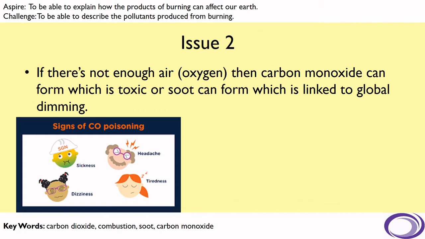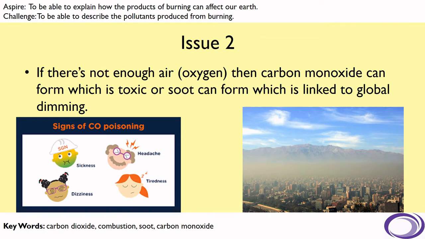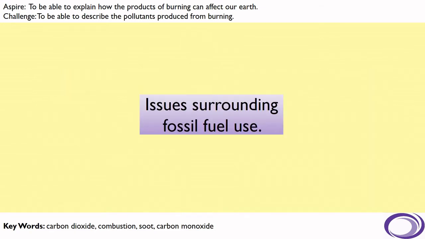Sickness, headache, dizziness and tiredness are all symptoms of carbon monoxide poisoning, and if that continues, it can be fatal. Soot can also form, as we saw around the outside of the beaker in the demonstration, and soot is linked to global dimming, which reduces the amount of light which can reach the surface of the Earth.